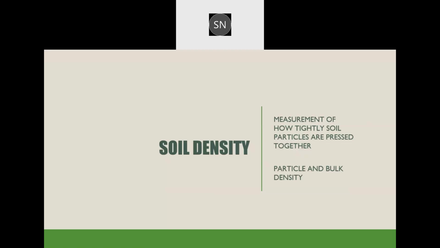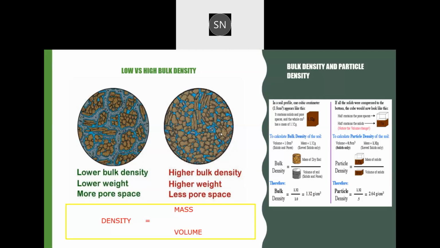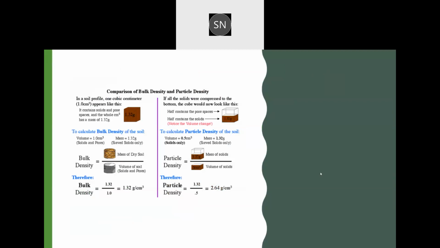So there will be no air, no water trapped in that particular compacted soil. What will remain the same is the mass, but the volume changes by half. This is the diagram to explain what I explained just now. It's a detailed explanation of what I explained just now.